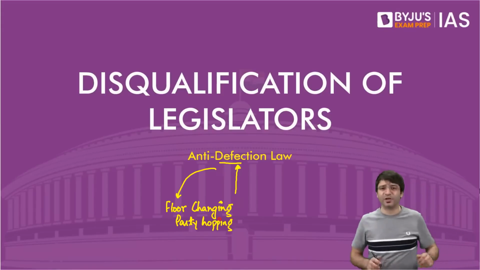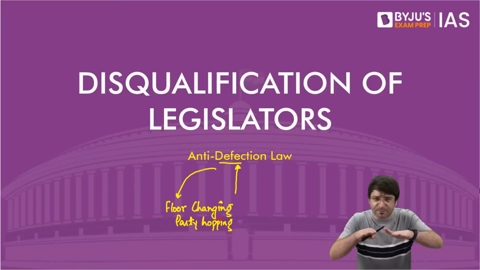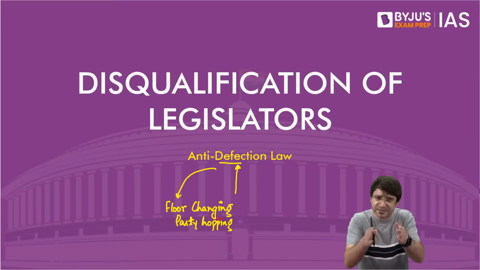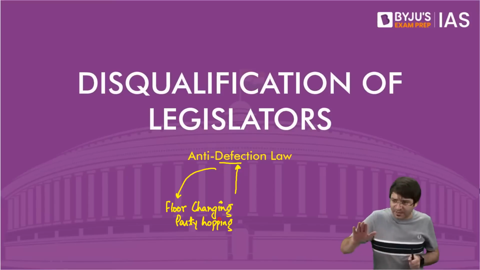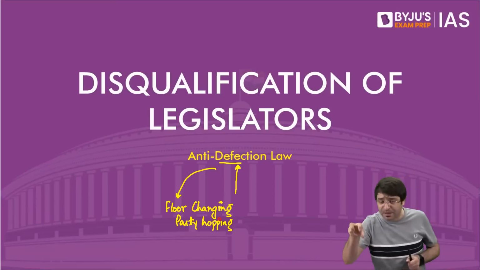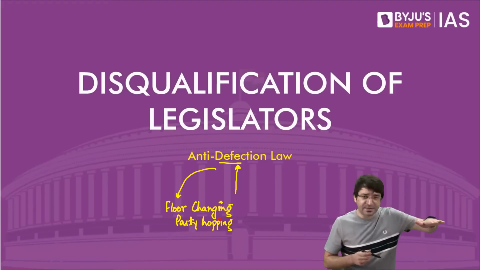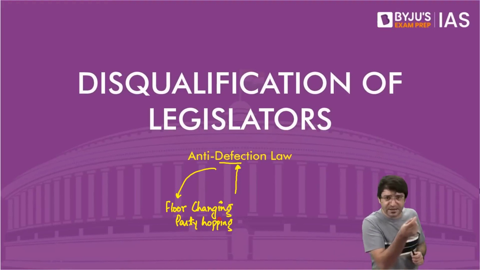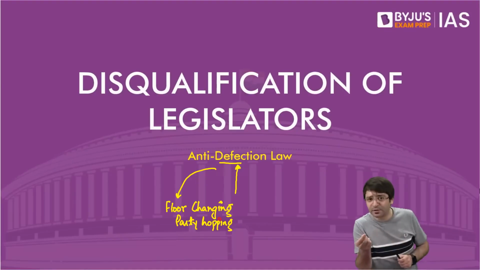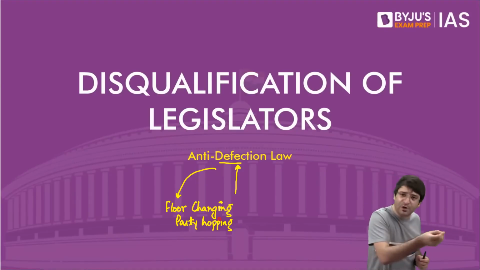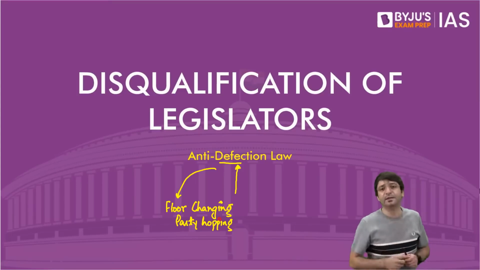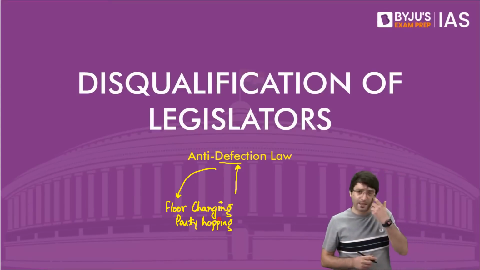What is this floor changing? On the floor of the Parliament, there is a seating arrangement. On the floor of the legislature, there is the seating arrangement. On one side, you will see the members of the ruling party are sitting. On the other side, you will see the members of the opposition sitting. What if there is a legislator who crosses the floor, moves from opposition to the government, or moves from government to the opposition? Party changing, party hopping, floor crossing. That is what we call defection.